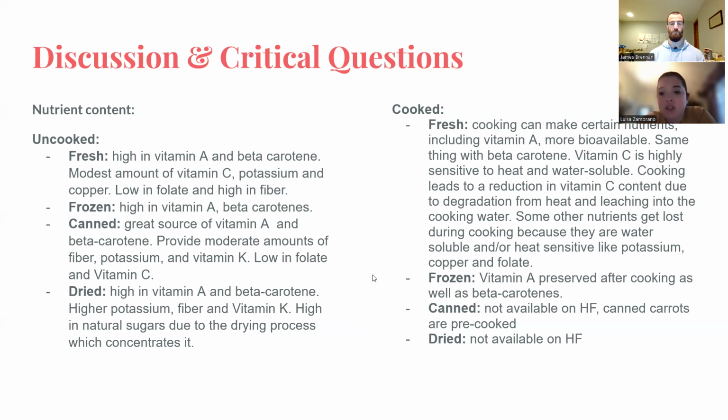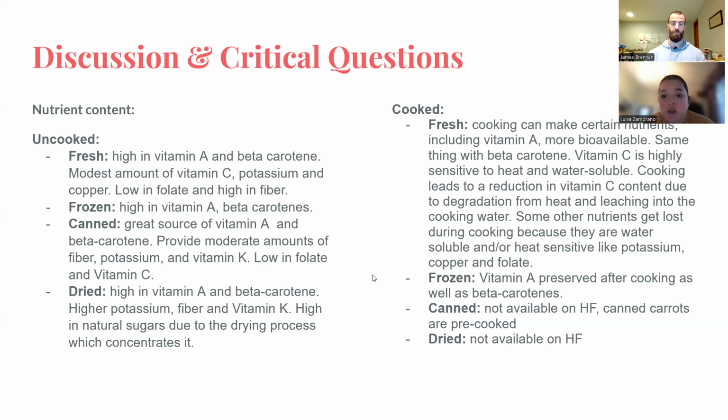But since vitamin C and different water-soluble vitamins are sensitive to heat, they might be lost during the cooking process. So cooking actually reduces the content of other nutrients like potassium, copper, and folate.